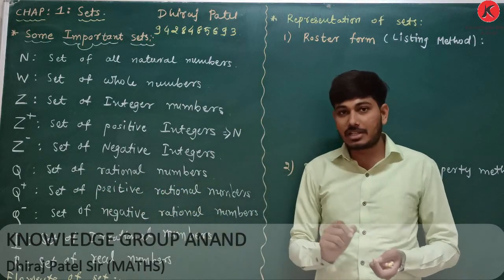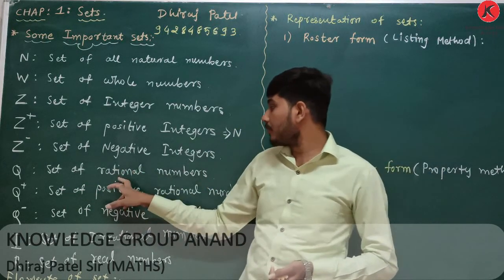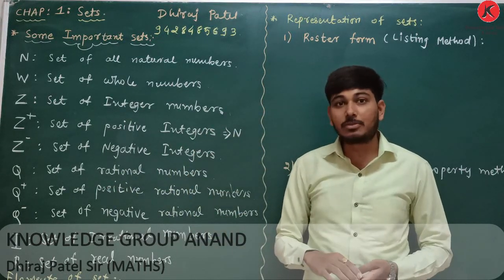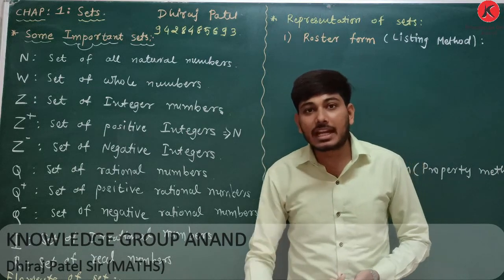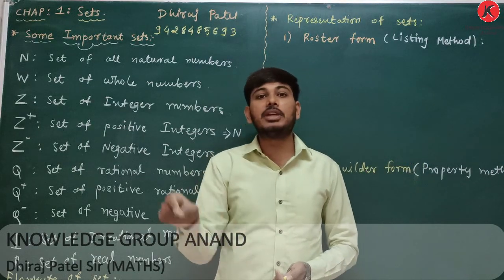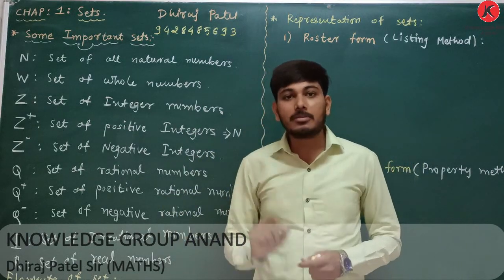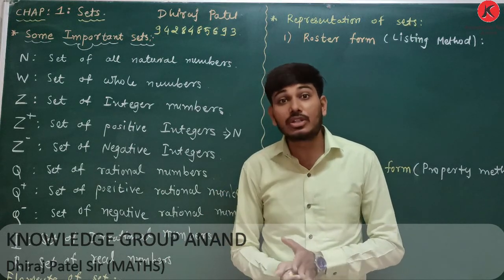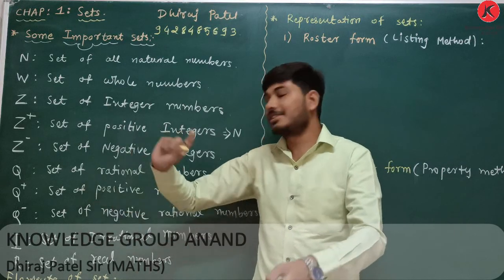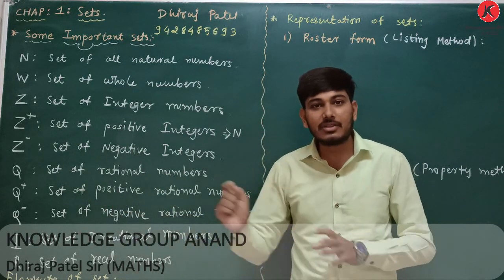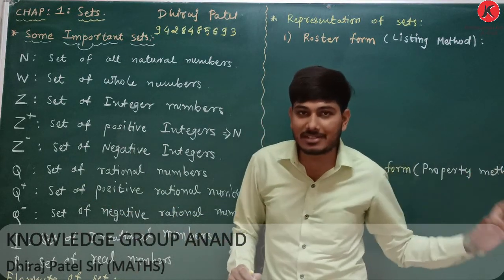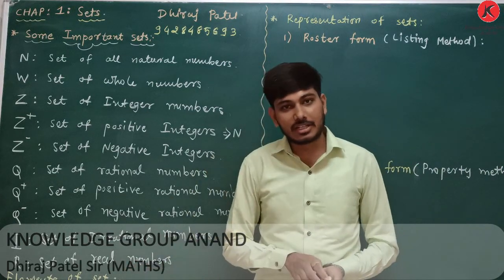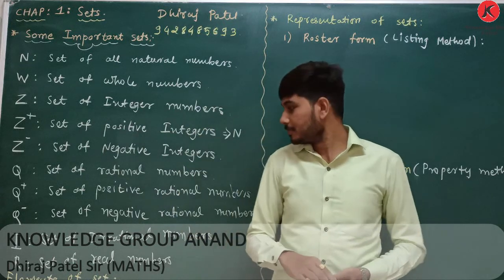If we can write any number in p by q form, where q does not equal 0, then it is a rational number. We know that 2 by 3, 4 by 5, 6 by 7, minus 8 by 9 are rational numbers. There are many rational numbers.